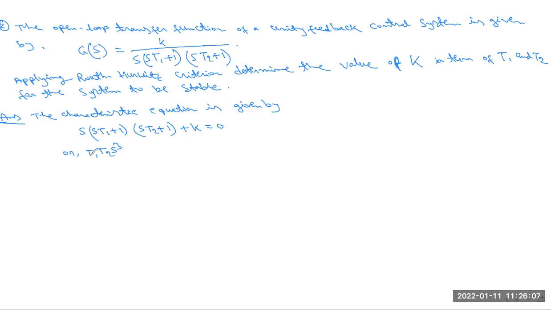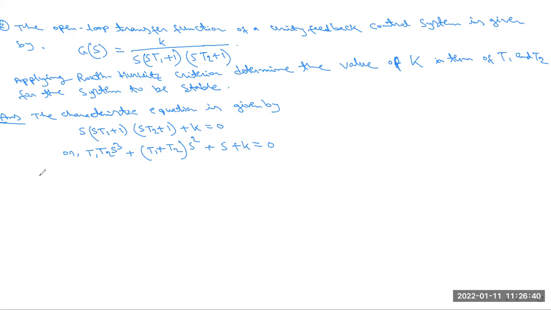Then the equation is coming T1 T2 S cube plus (T1 plus T2) into S square plus S plus K equals to 0. Okay, so finally we have calculated the characteristic equation from the given OLTF, that is open loop transfer function.